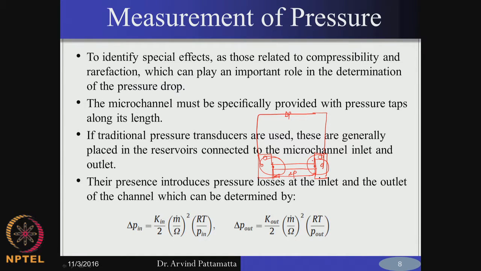But you can probably use that and reduce the delta P. So, you will be measuring the overall delta P and subtracting delta P in and delta P out using theory, but this is a very rough approximation, correct. So, what will be a better way to do this?